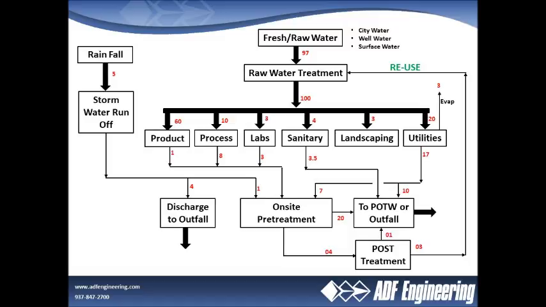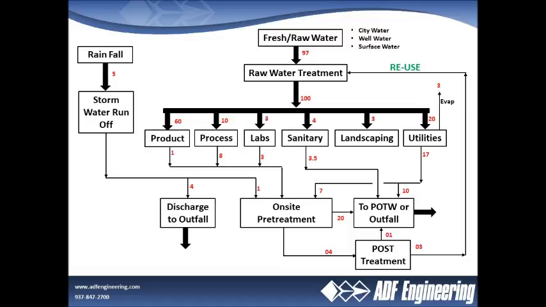A majority of that water is going to go out to an outfall of some kind, but some of the streams, such as streams from a tank farm or process areas, will need to be collected because they pick up oils and grease and dirt and other constituents that you have to treat, and you might have to send that stream to the on-site treatment. And then part of that stream can also go through post-treatment and go to the front of the system.